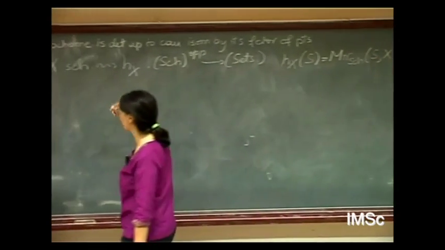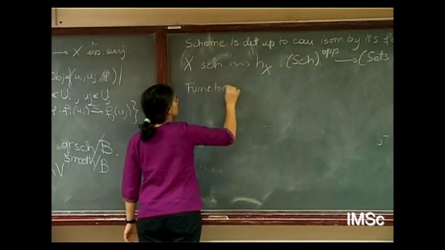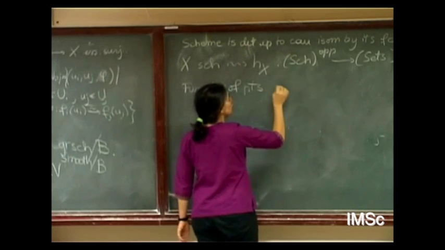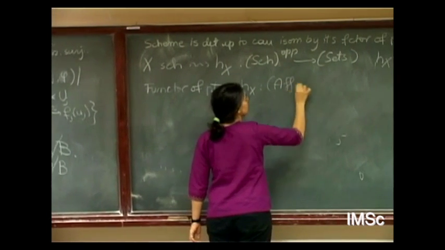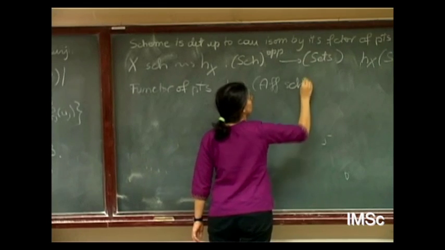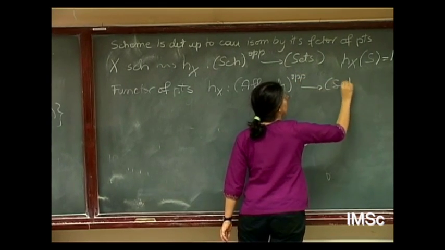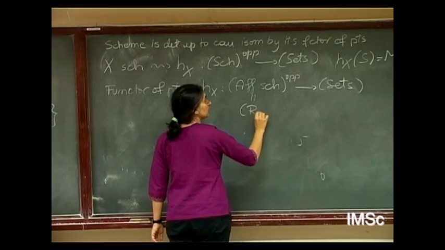And the functor of points associated to x is just Hx, but restricted to affine schemes. Or if you want, this is just rings.